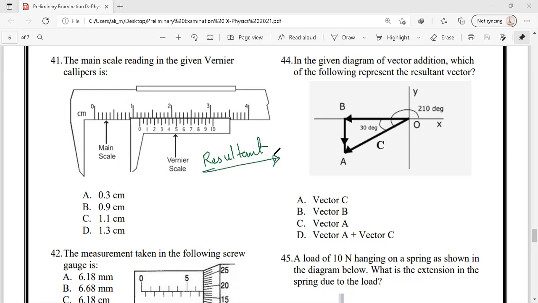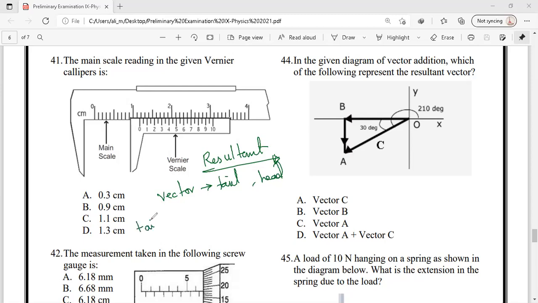So just remember how the resultant vector can be identified in a drawn diagram, or how we can draw a resultant vector. We know that a vector has a tail and head.